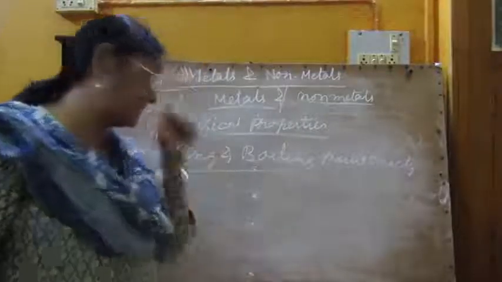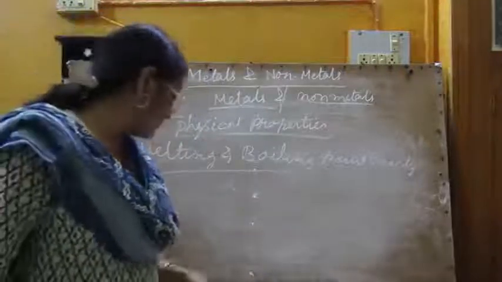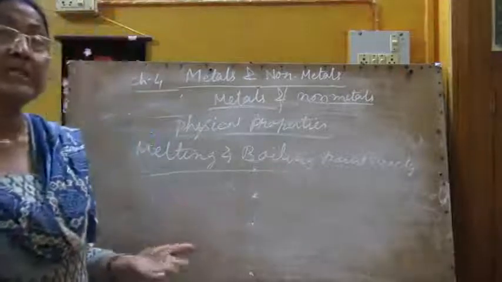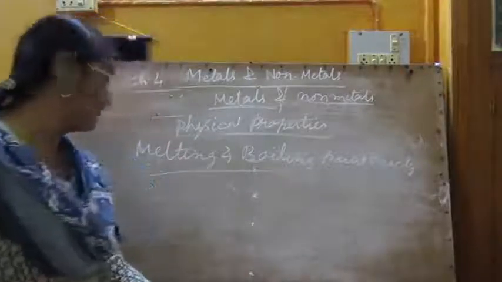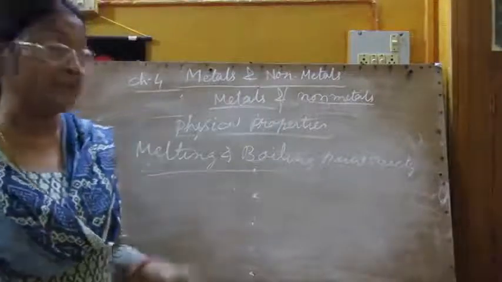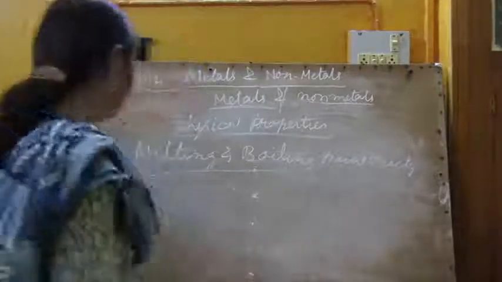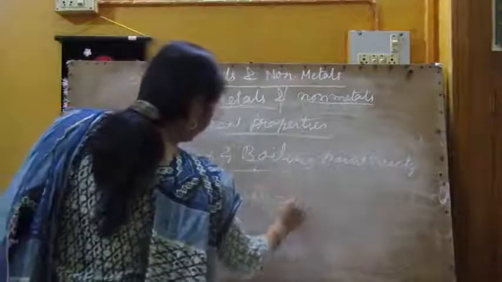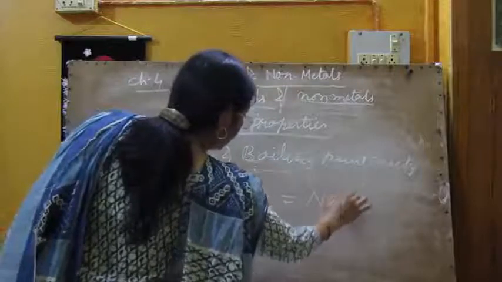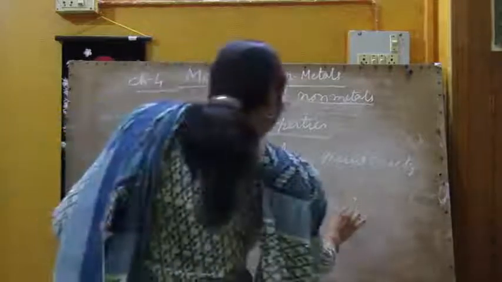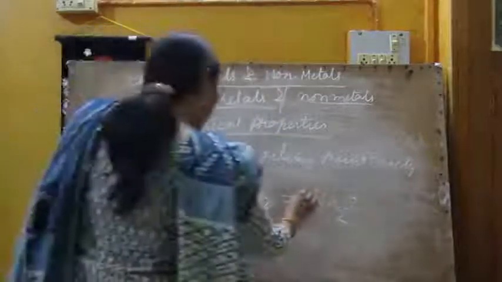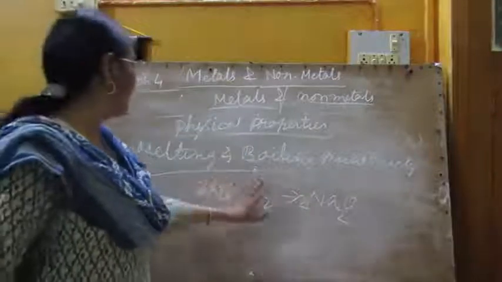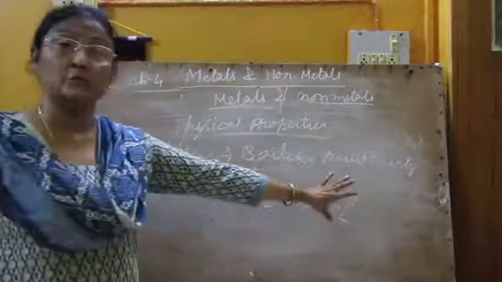From this I can explain the reactions of metals with oxygen. Metals easily react with oxygen, making metal oxide. Suppose sodium is a metal and reacts with oxygen, making sodium oxide.